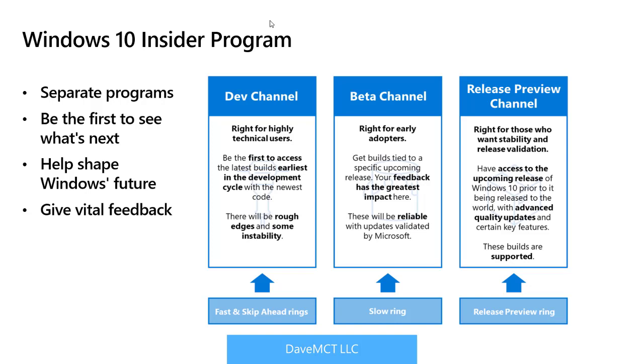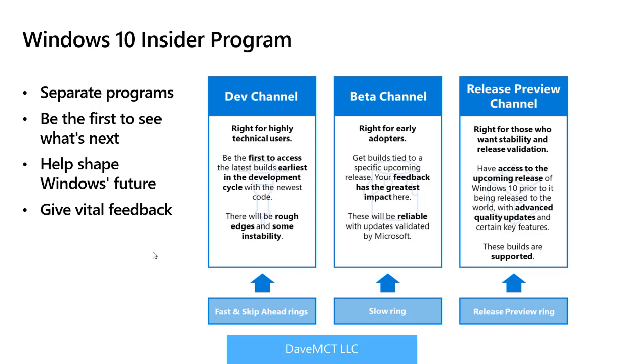Then you make these part of the Windows 10 Insider program, either the beta channel or the release preview, and then as releases come out, you test them and see, does it hurt my system? What is going to be the impact to my end users? And this is just a great way, and it's a very proactive way to really deal with Windows updates.